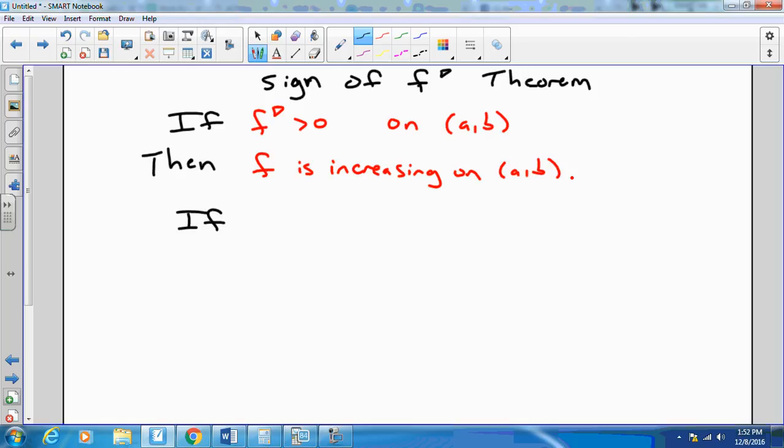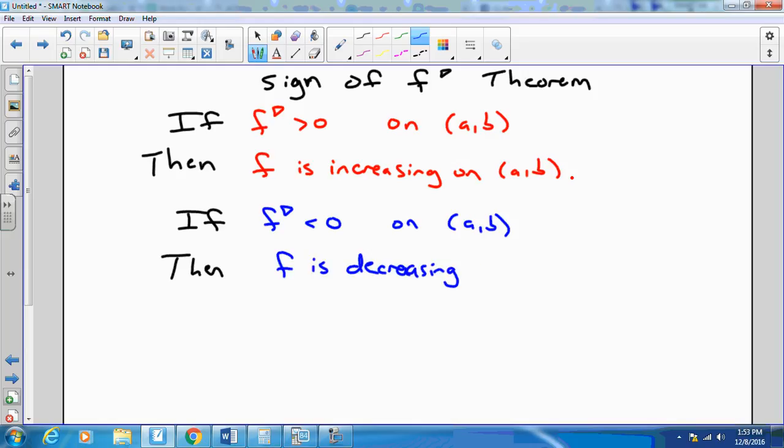Well, fortunately, it has a second part, and that is that if f prime is negative on a to b, then f is decreasing on the interval a to b.